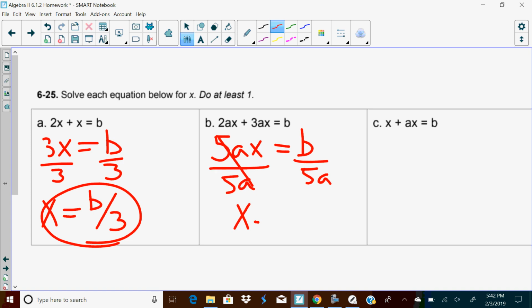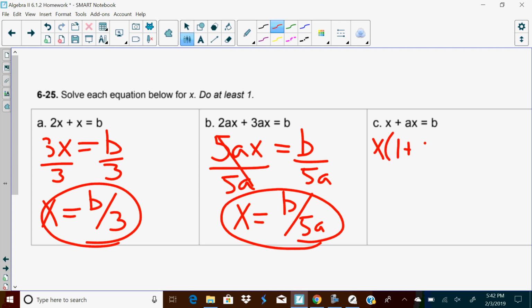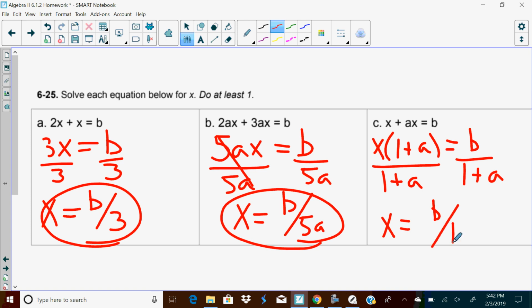So I get x equals b over 5a. C, I'm going to pull out an x and get x times (1 plus a). And then I'm going to divide both sides by 1 plus a. So I get x equals b over 1 plus a.